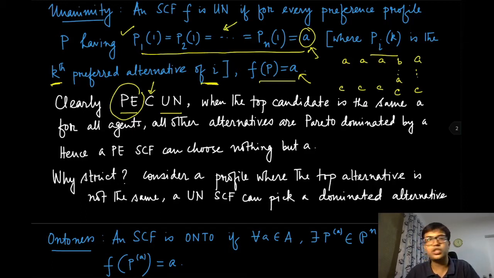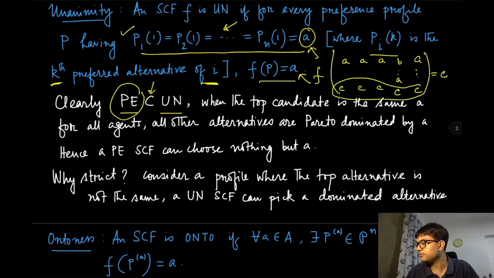So the social choice function can actually output something, and let us assume that for this particular preference profile, f is outputting C, which is a Pareto dominated alternative. So this f is not violating the condition of unanimity. Whenever all the topmost positions are the same, f of that preference profile should be equal to that topmost alternative.